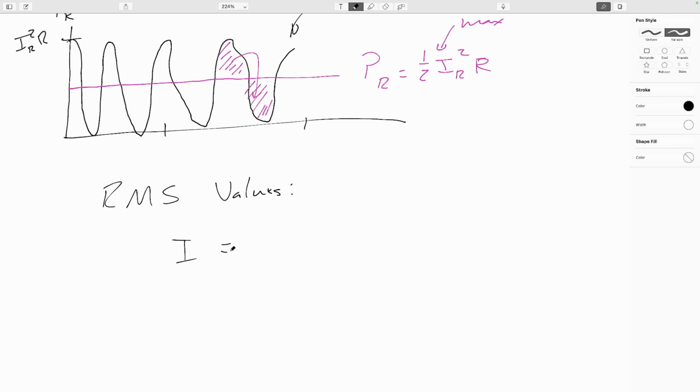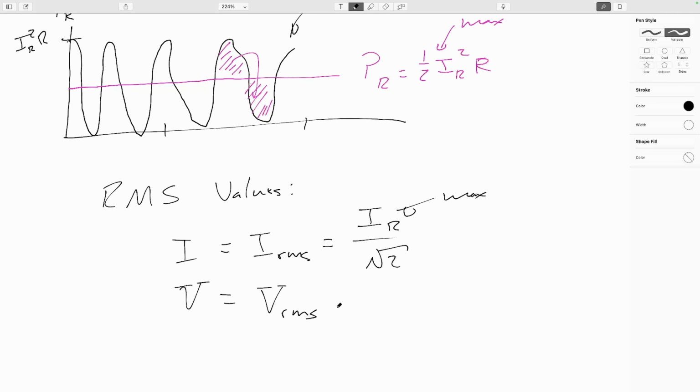If we just write I without saying anything, that will mean the RMS value, and that will be the maximum value divided by the square root of 2. And same thing for voltage. If I just write a V without a subscript, that will mean the RMS value, and that will be the maximum voltage divided by the square root of 2.